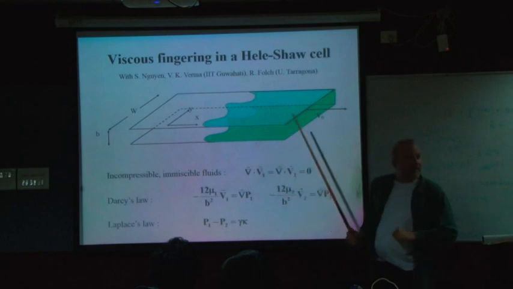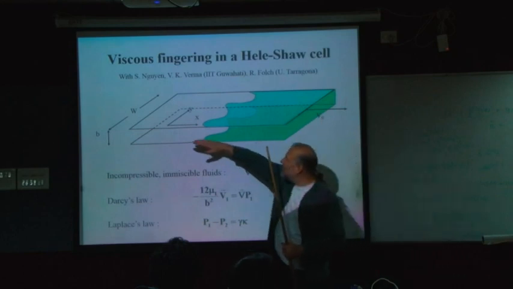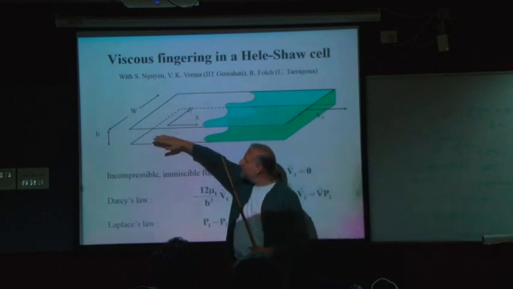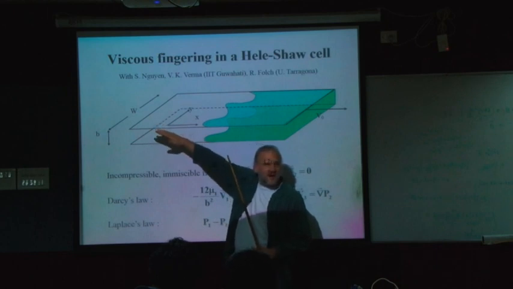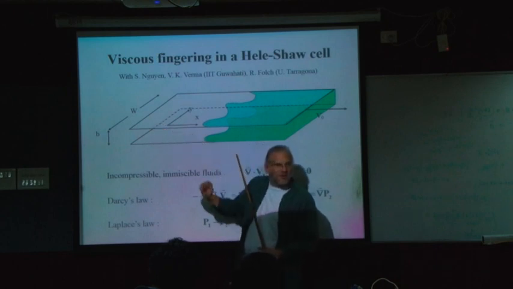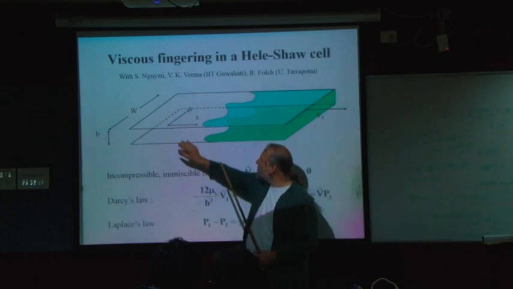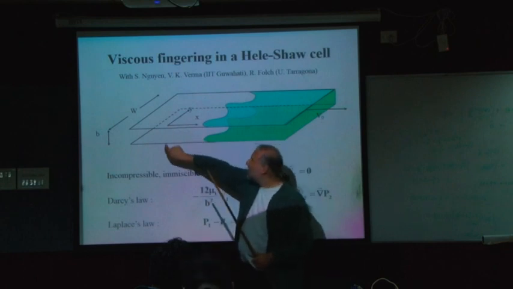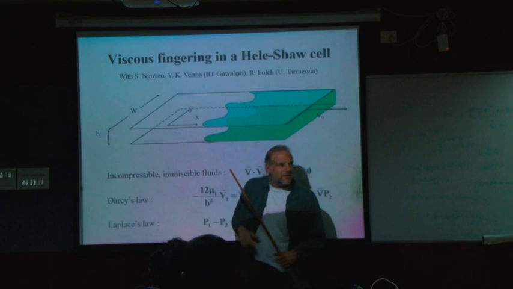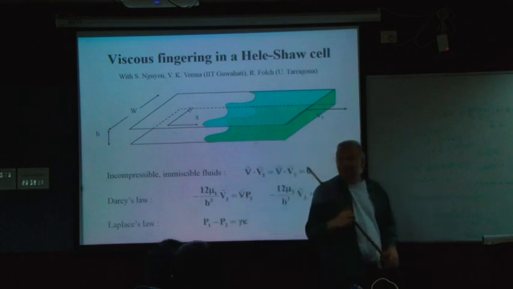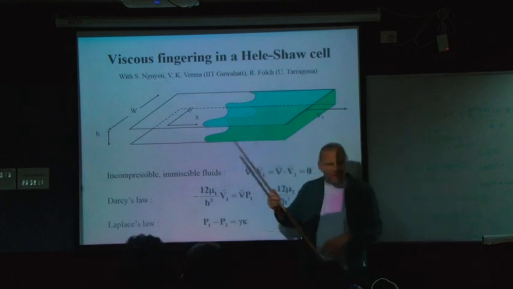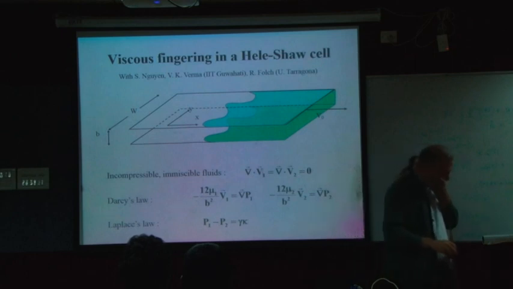Now, in the experiments, the finger was driven by lifting up one of the plates. If you want to do this in a little bit more quantitative manner, actually what you should do is you should fix the plate spacing and you should blow in air from one side. Okay? Because actually the plate spacing is very important. So why is this plate spacing very important?